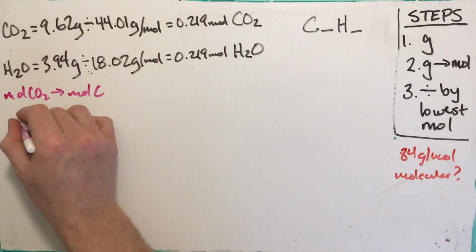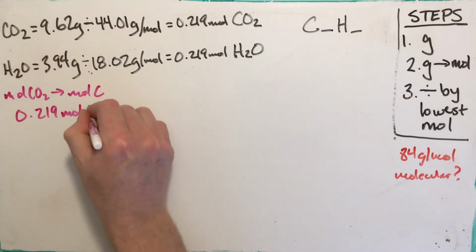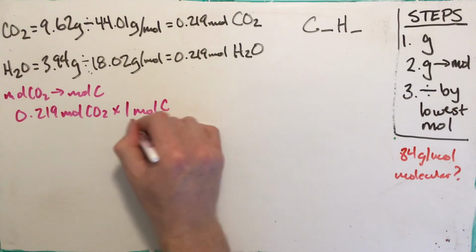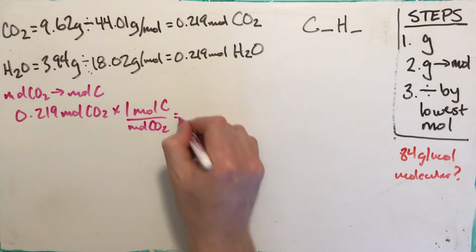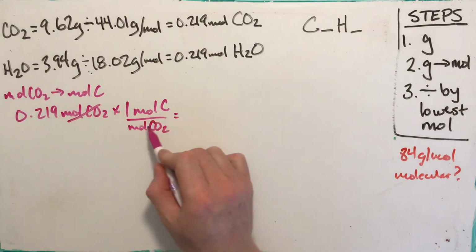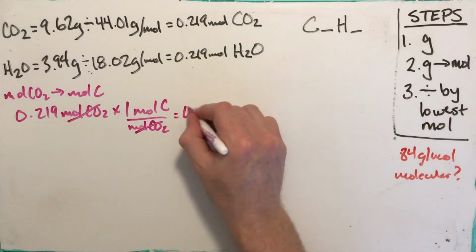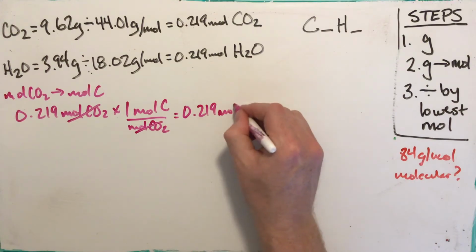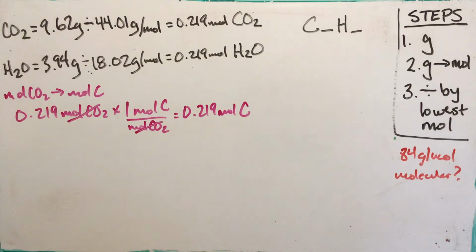And to do that, I take my 0.219 moles of CO2 and I multiply it by 1 mole of carbon for every mole of CO2. The moles of CO2 will cancel out, and I end up with the same number because it's multiplied by 1. But now it's moles of carbon, right?